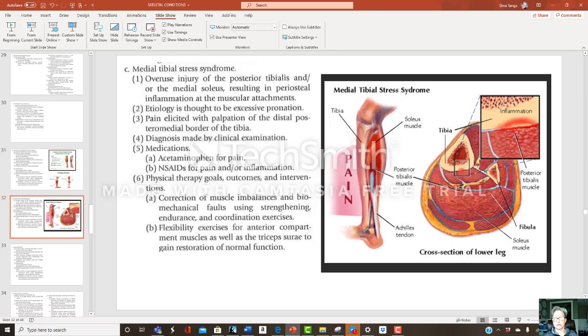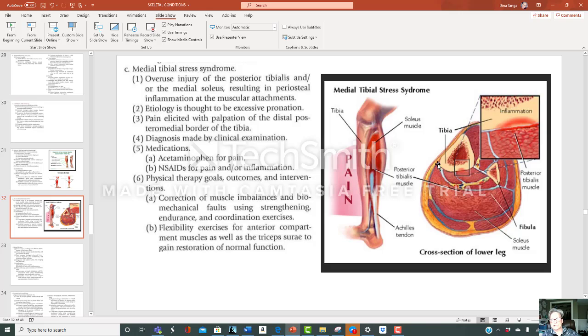Okay, found us a picture. Medial tibial stress syndrome, an overuse injury of the posterior tib, right here, and the medial soleus. So it's going to be the medial soleus muscle, resulting in periosteal inflammation at the muscular attachments.